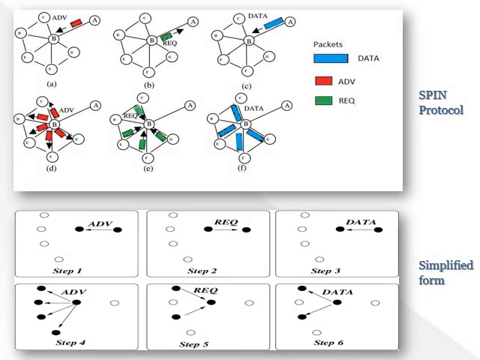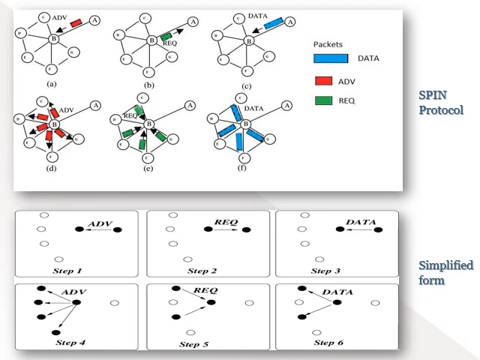Now, let us understand the SPIN protocol. In the first figure, node A is the source node. What the SPIN protocol suggests is that the source node advertises the information to all its neighboring nodes, unlike flooding, where the source node directly sends the information to the neighboring nodes. After advertising is done, all the nodes which require the information send a request back to the source node for the information.